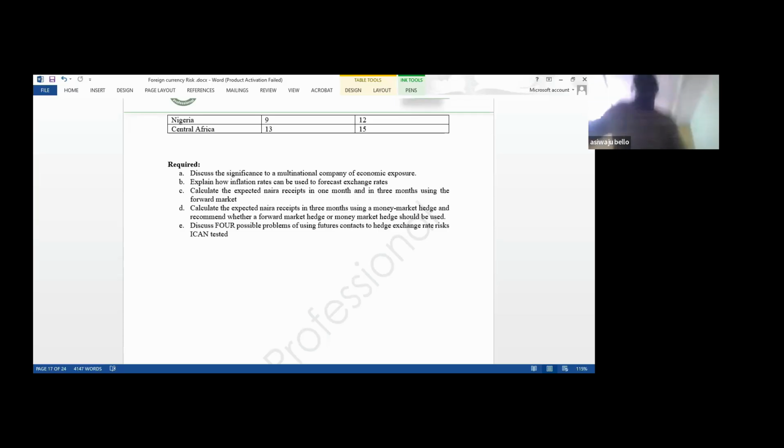That means we don't need to estimate again, because we have been given the rates. We now go to the solution. All right, let's go to this.